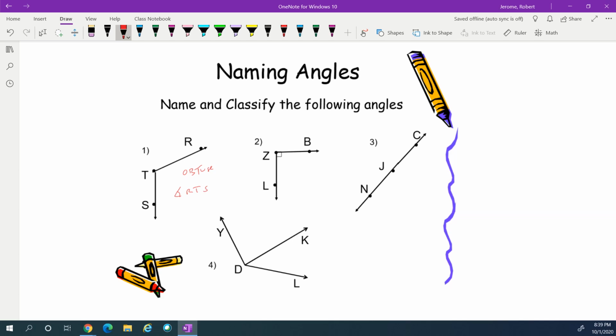I could also call it angle R, angle STR, or even just angle T. In number two, we know it's a right angle because of the little box. So it's a right angle. And maybe we'll call this one angle LZB. Number three is a straight angle.